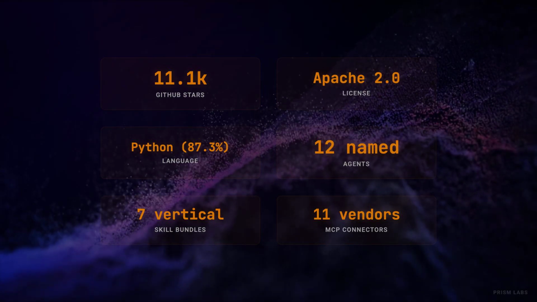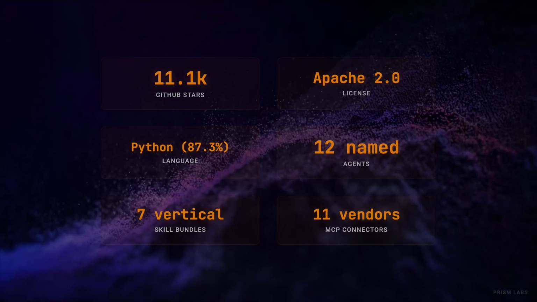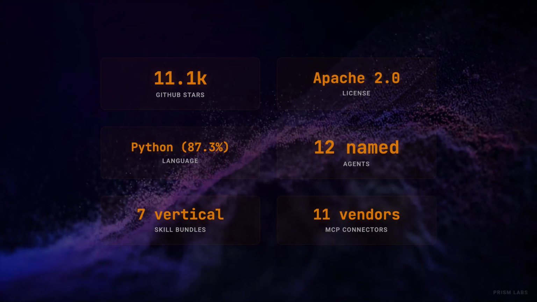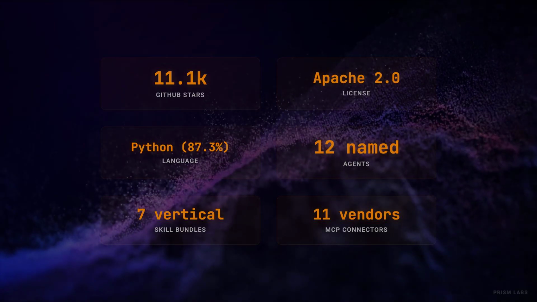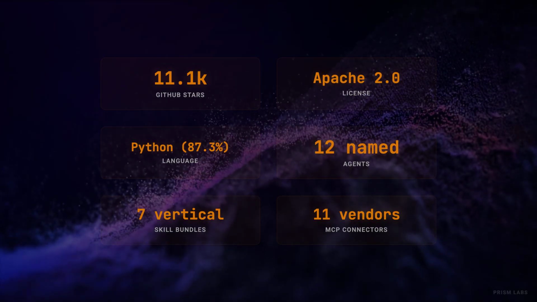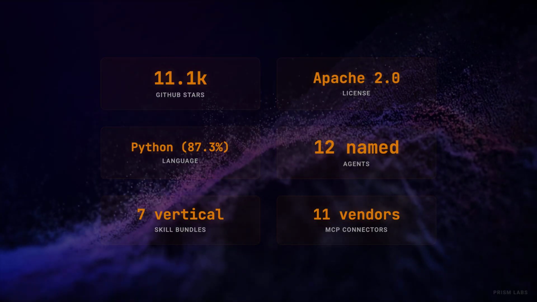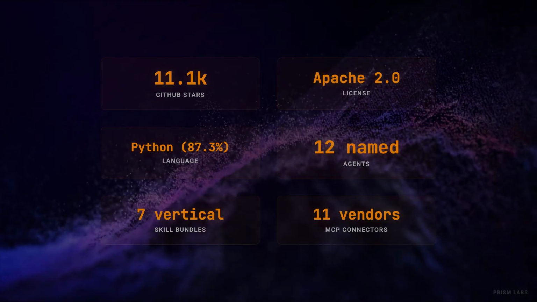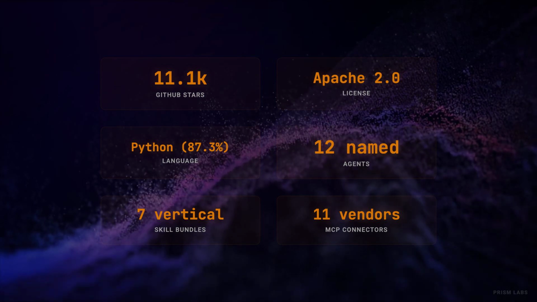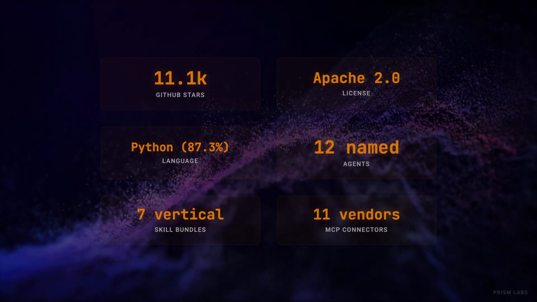Official, with the claude-for-financial-services initiative behind it. 12 named end-to-end agents covering 4 functional areas. 7 vertical skill bundles plus partner-built integrations from LSEG and S&P Global. 11 MCP data connectors covering the major FSI data vendors. Dual deployment supported, same system prompt and skills run on Claude Cowork, or via the Claude Managed Agents API. Customization path is documented. Fork the repo, swap connectors, edit prompts, validate with the check script, deploy.